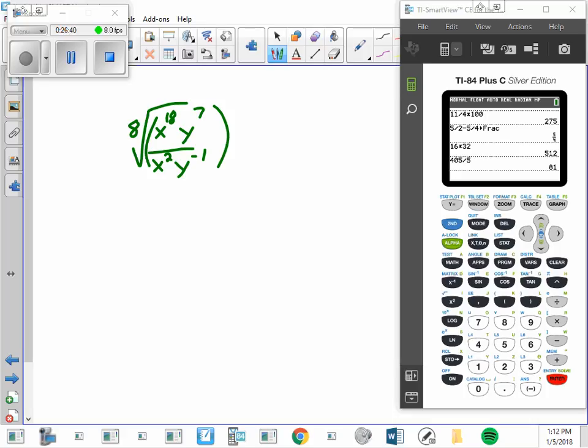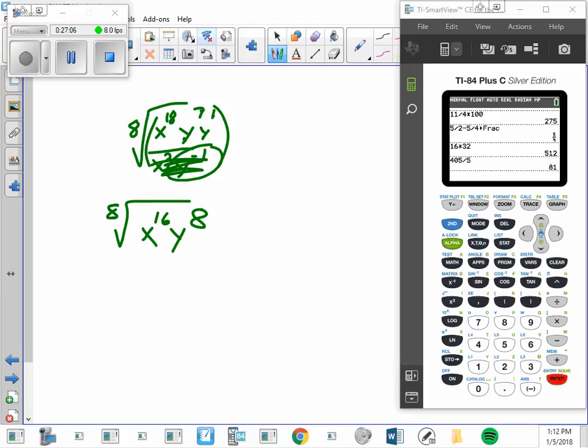What is x to the 18th over x squared? X to the 16th. And what do I do with this y to the negative 1? Flip it and turn it into y to the positive 1. So I'm going to put y to the first up there. And y to the 7th times y to the 1st is y to the 8th.